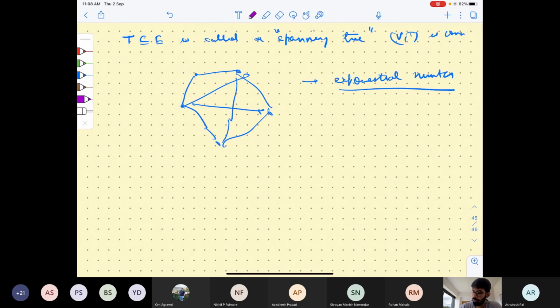So even though this is an exponential number, we can still find the MST in polynomial time. How? Using the algorithms below.